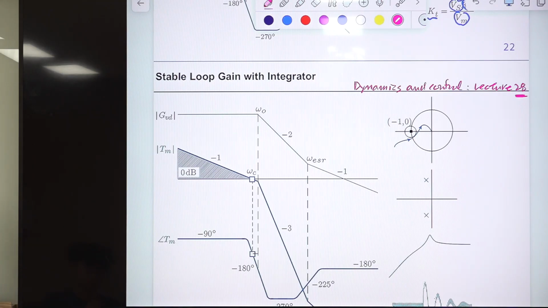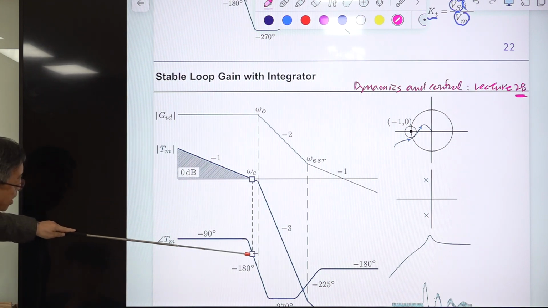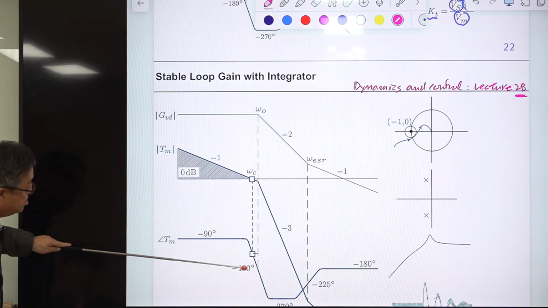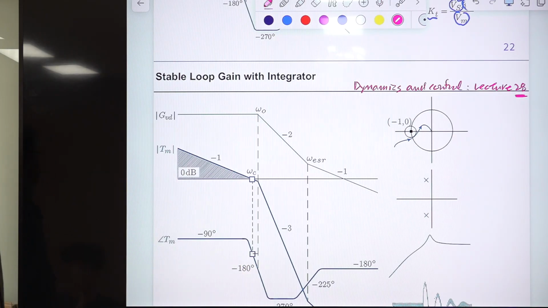You just reduce the gain. So you have this situation. Omega C, the 0 dB crossover frequency, occurs here. Then at this point, phase is larger than minus 180 degree. That means stable. Okay, you maintain the stability somehow, but this distance is defined as, this one is what?